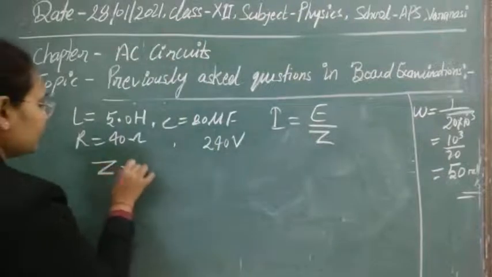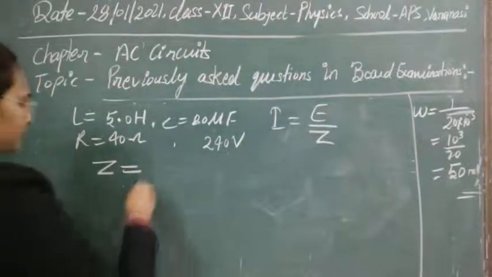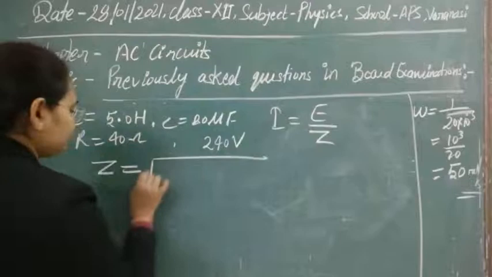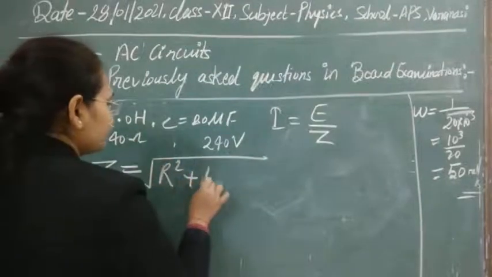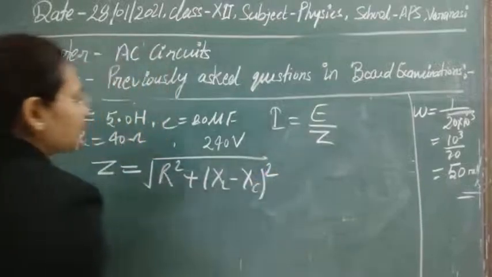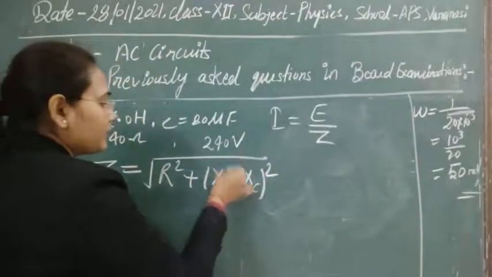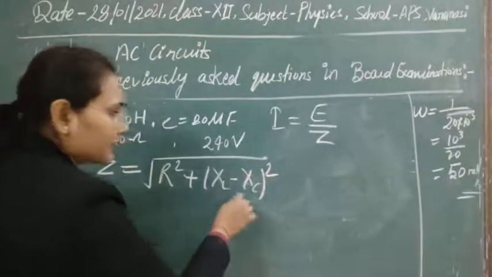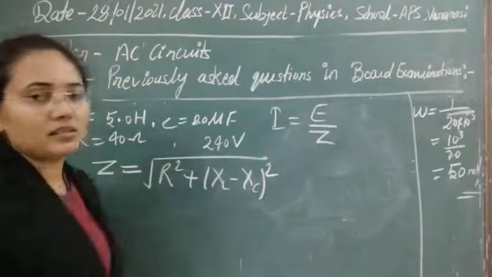You know that impedance in the case of the LCR circuit is given by Z = √(R² + (XL − XC)²), where XL is called the reactance of the inductance circuit and XC the reactance of the capacitance circuit.